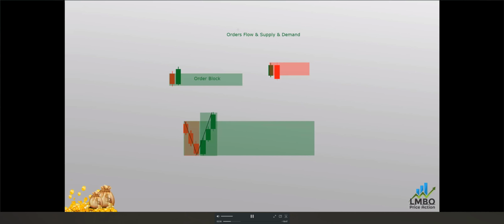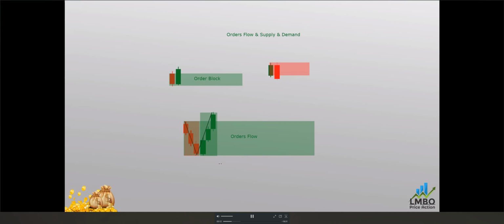Order flow means orders flow. A group of two candlesticks creates an order block, and a group of candlesticks creates an order flow.